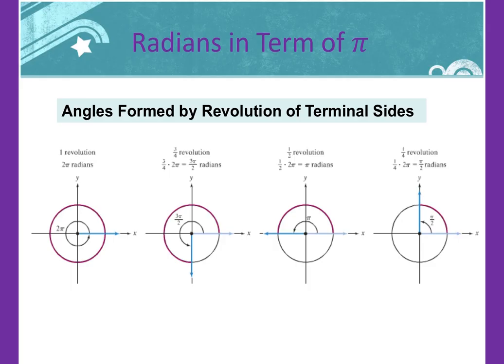If I go all the way around my circle, if my radius is 1, what measurement goes all the way around your circle? What's that measurement called? The circumference, right, would be all the way around your circle. How do you find circumference? 2 pi r. And if my radius is 1, then what's the circumference? 2 pi.